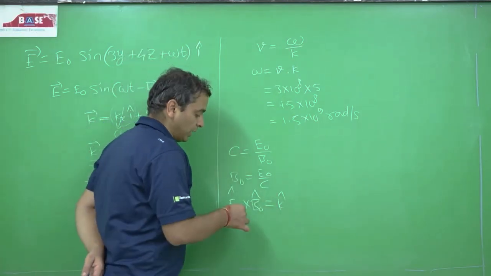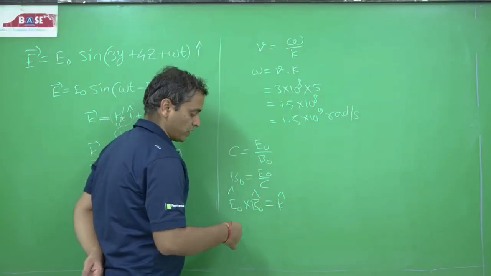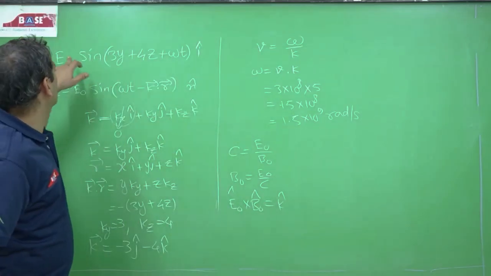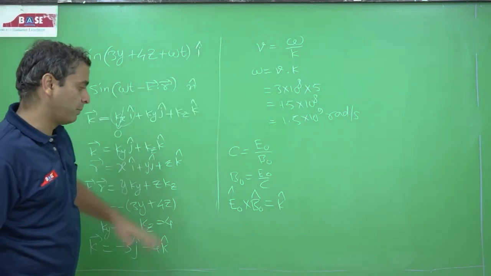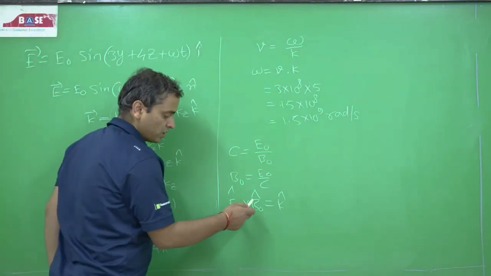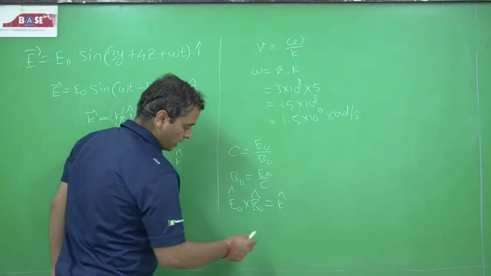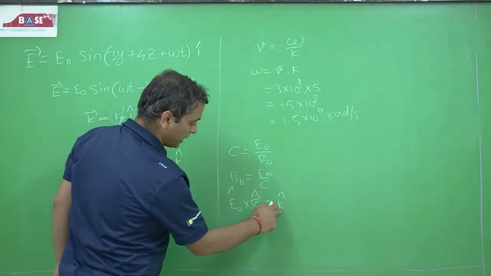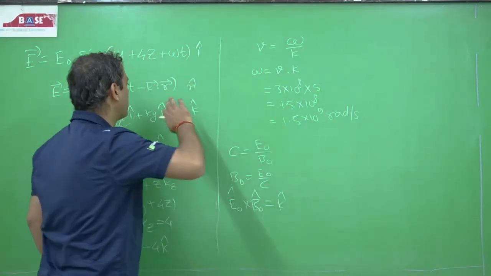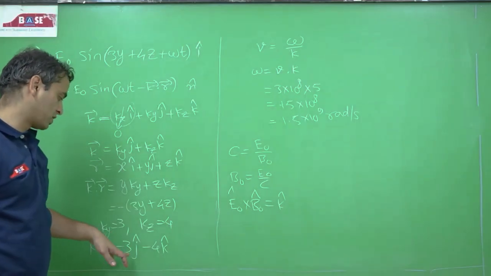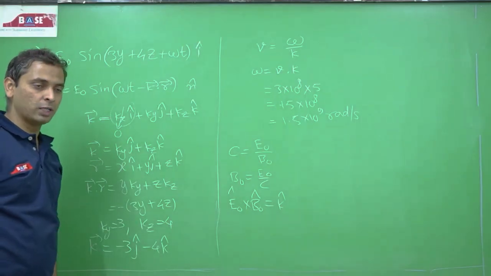The direction of E naught vector is along i cap. Then B naught cap, we can write as Bx i cap plus By j cap plus Bz k cap, and compare that with k cap, the direction of wave propagation. So that's minus 3j cap minus 4k cap divided by 5.